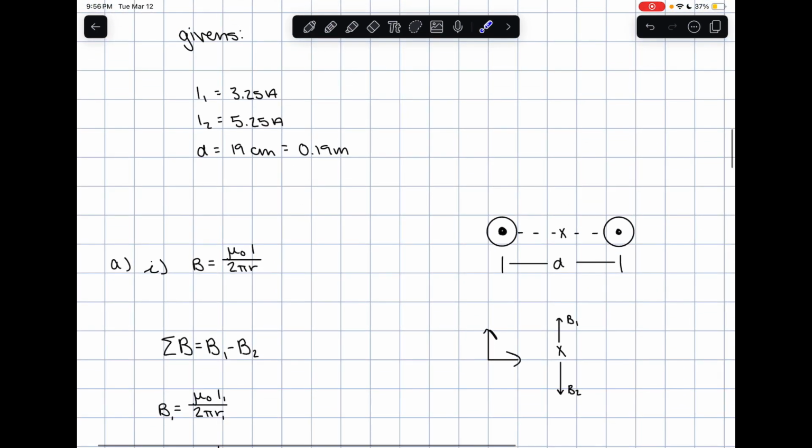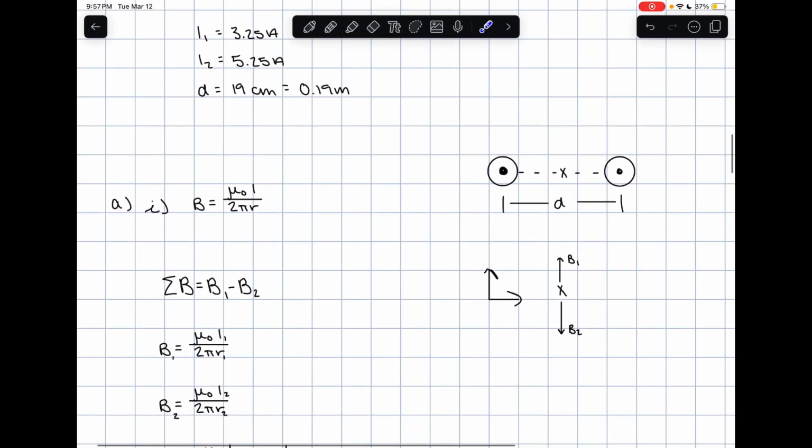So we know that net B, or the net magnetic field at that point, is going to be B1, because we call up our positive direction, minus B2. So let's write our equations for B1 and B2. We're going to use this same equation up here, and this time plug in the current for I1, and we're going to plug in the radius for R1, and we're going to do the same thing with B2.